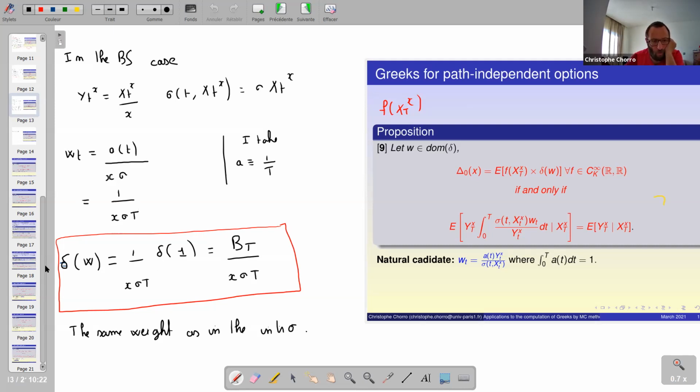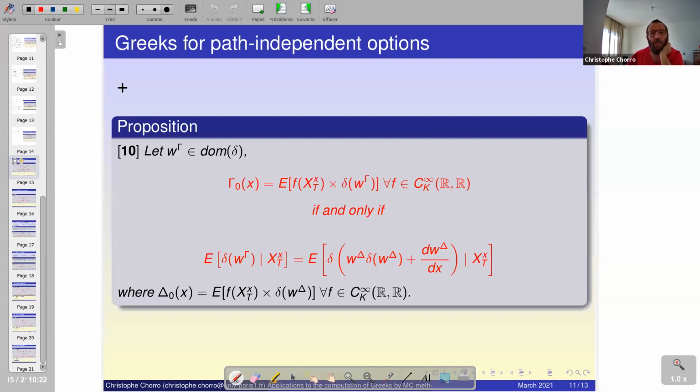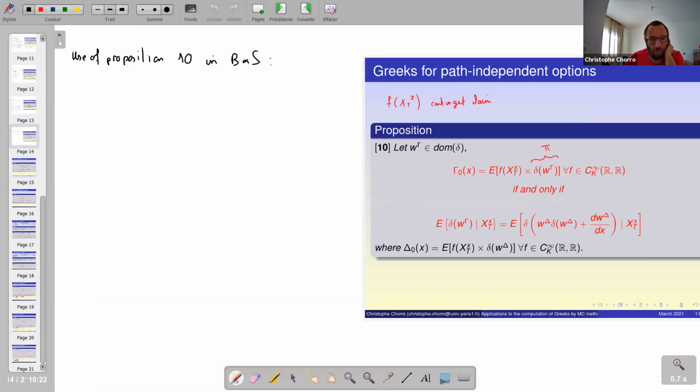So I continue with what I want to do. From the previous slide, I can take W delta equal to 1 over x sigma capital T. I can take this one because I know that it works.